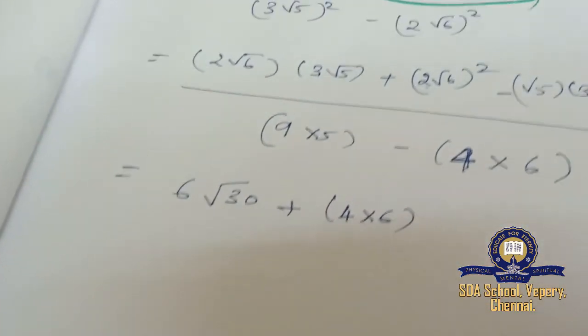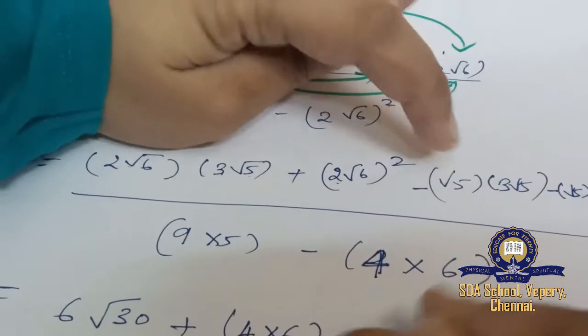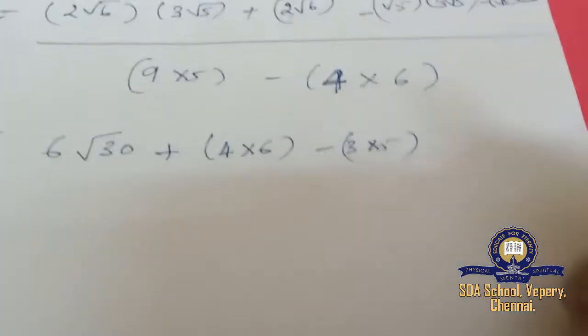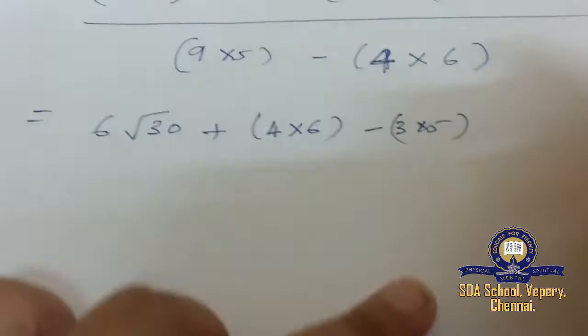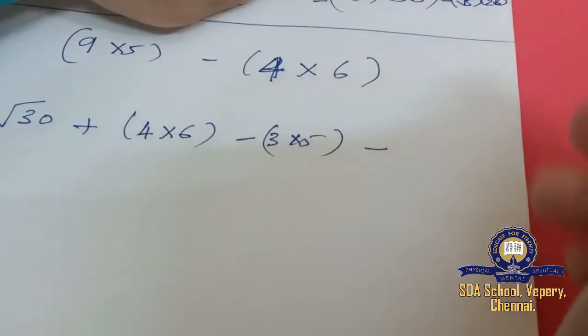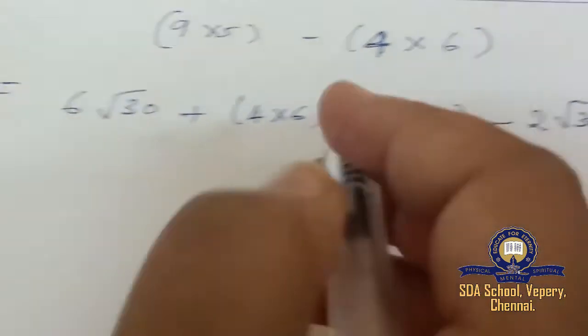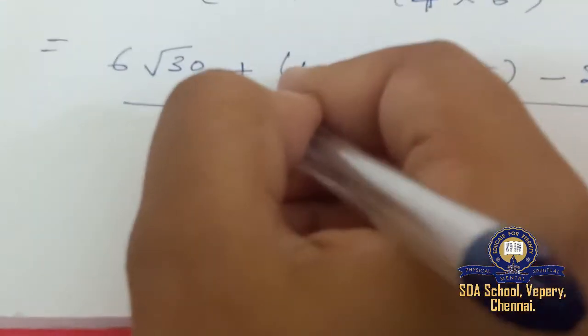Here I have √5 into √5, then I have minus 3 into 5 itself. You get it, students? Minus 3 into 5 itself. Then minus, I have over here √5 into 2√6, so I will get 2√30. Clear? Divided by 9 fives would be 45.